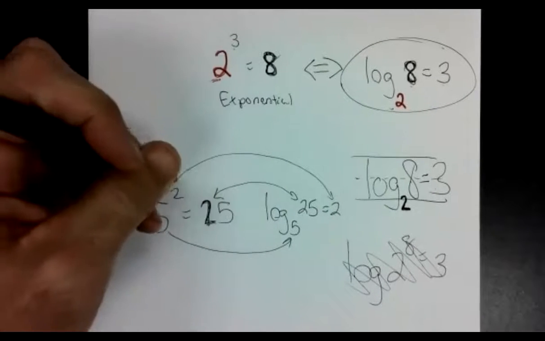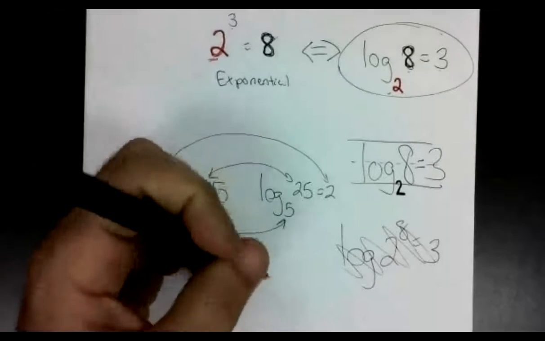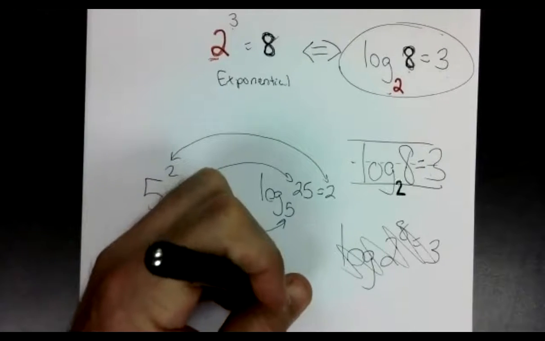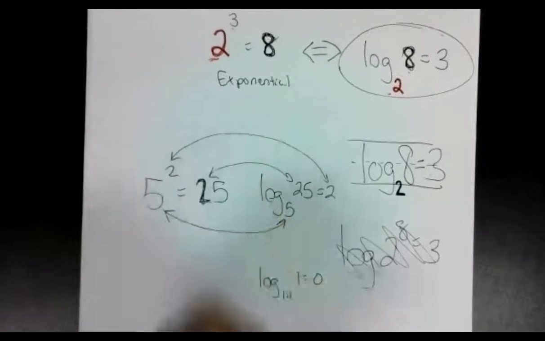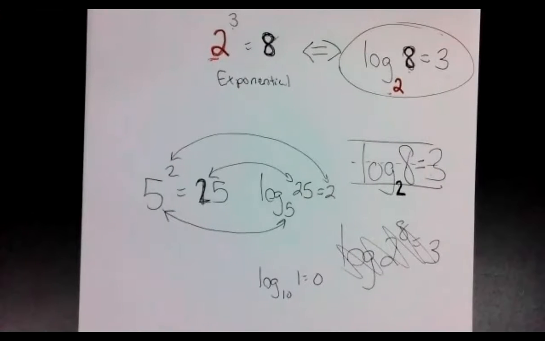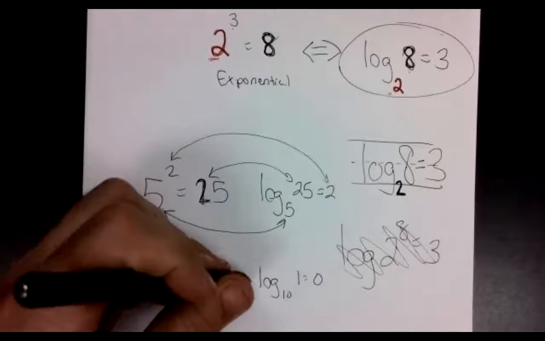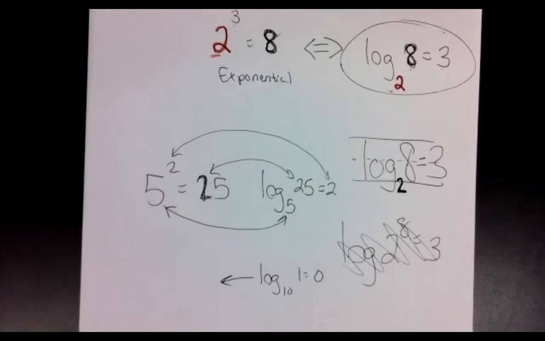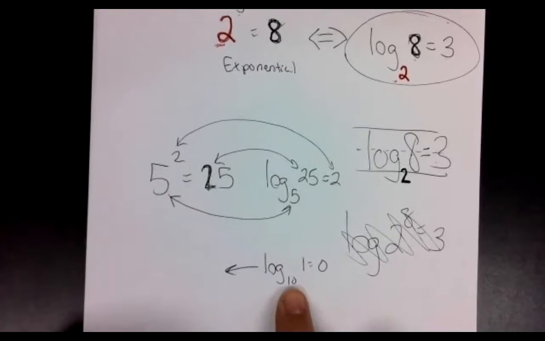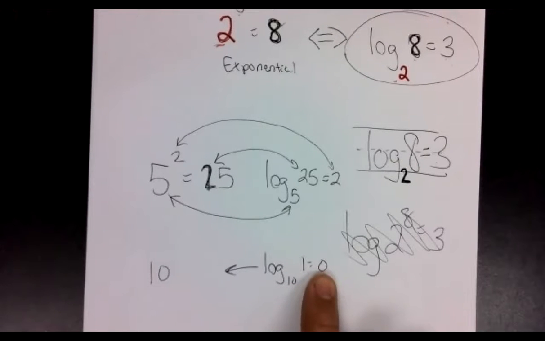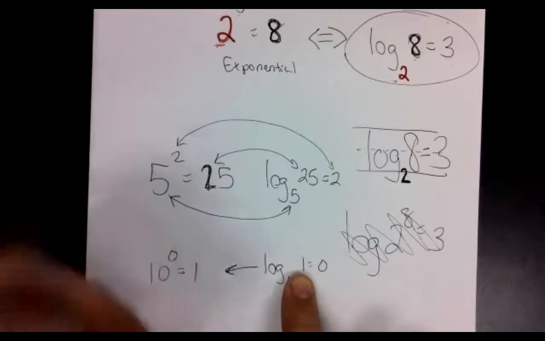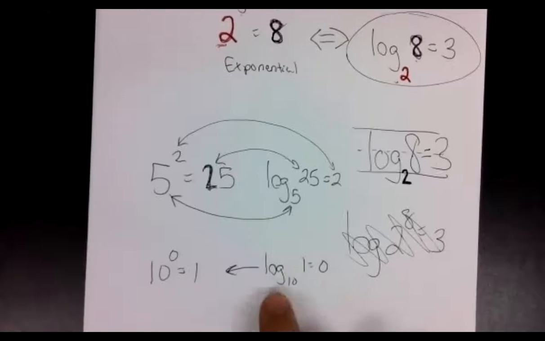That also works in the opposite direction, because you're going to have to convert from a logarithmic to an exponential. So again, the sub number becomes your base. Whatever the log equals is your exponent. And then whatever you're taking the log of is now your answer.